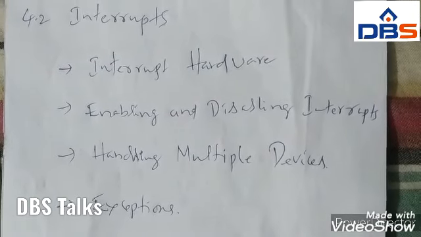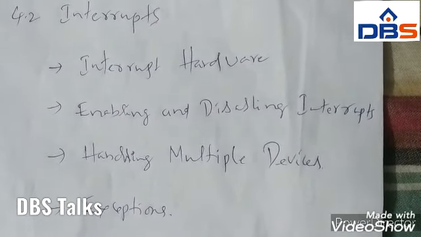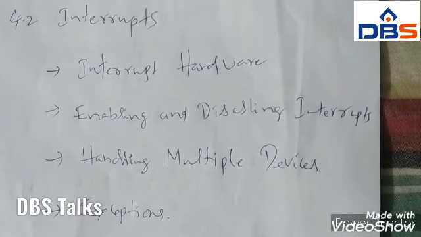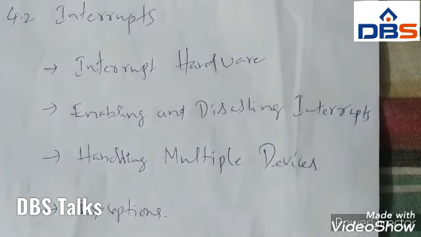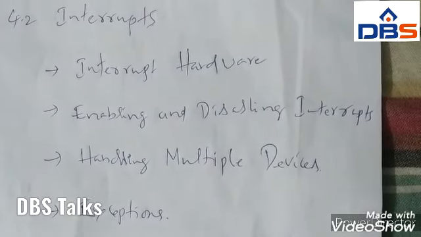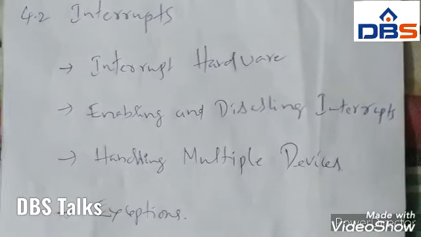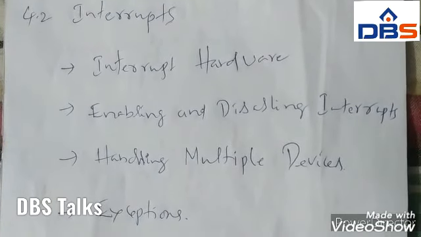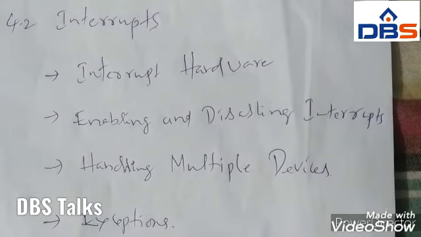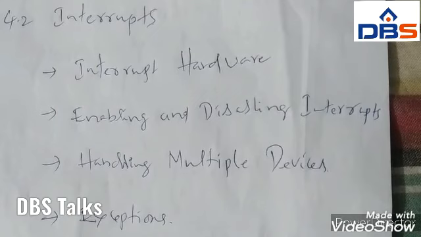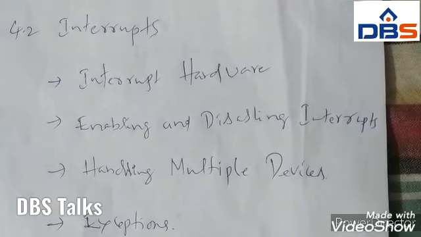Interrupts are disabled by changing the control bits in the processor status register, and then the device is informed that its request has been recognized, and in response it deactivates the interrupt request signal. Then the action requested by the interrupt is performed by the interrupt service routine. Finally, the interrupts are enabled and execution of the interrupted program is resumed.